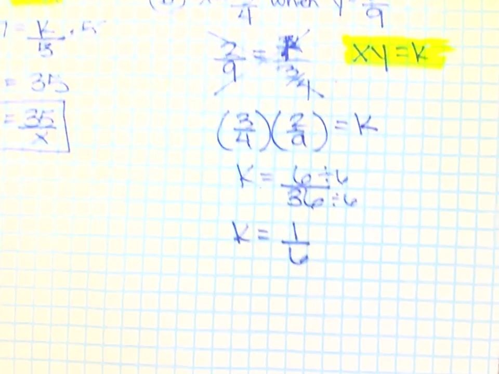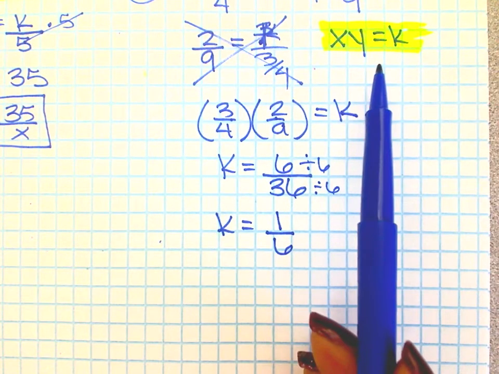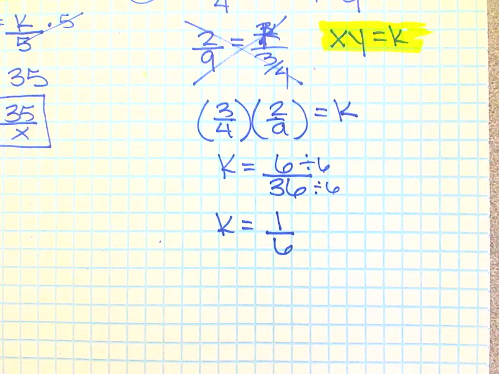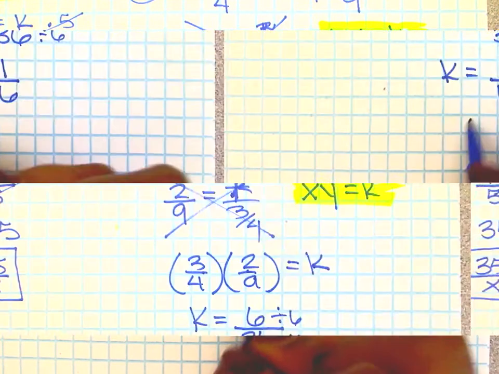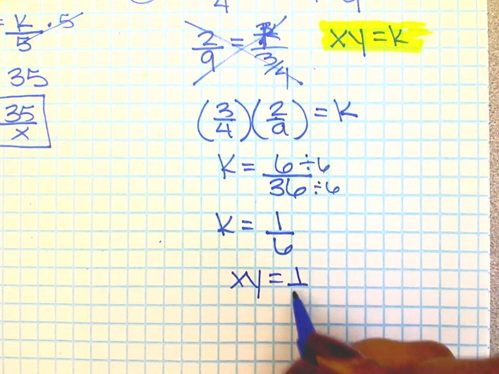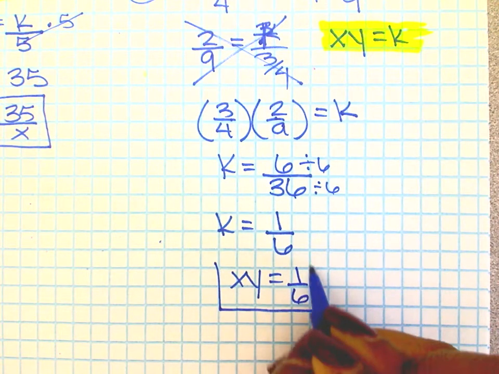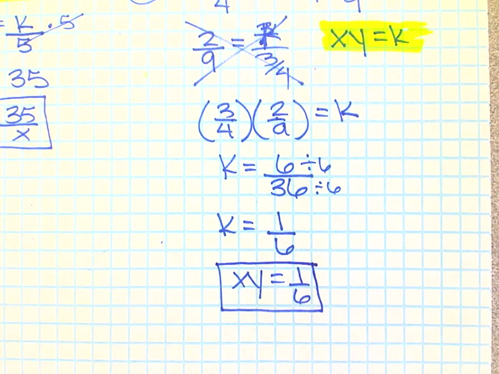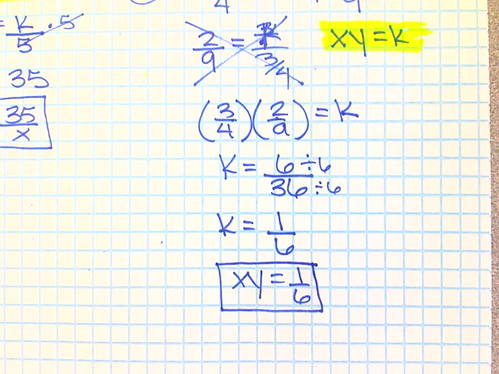I just put it back in the equation. What's the equation that I used? xy equals k. So I'm going to write xy equals k, which is 1/6. That's it. You just plug it back into the equation. So for inverse, there are two equations you can use. For direct, there are two equations you can use. That's why we highlight them so we know what they are.